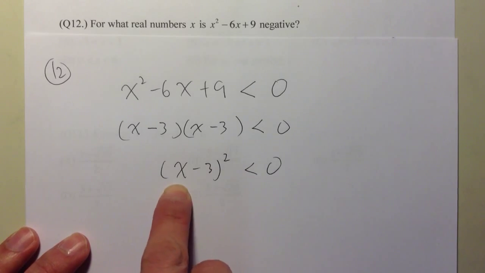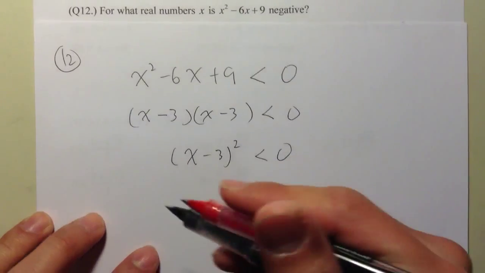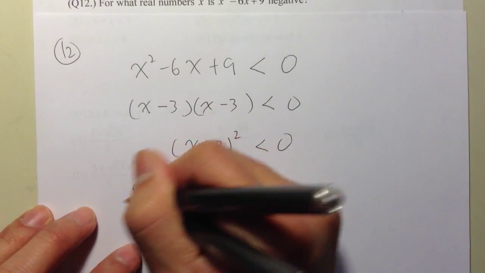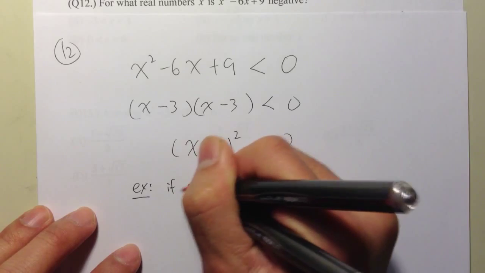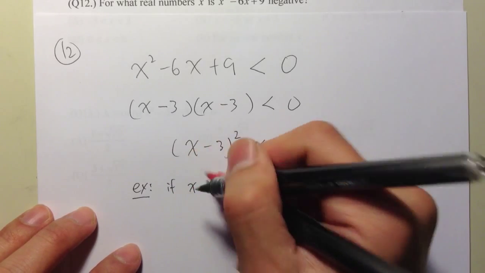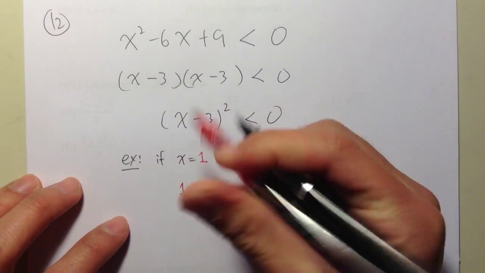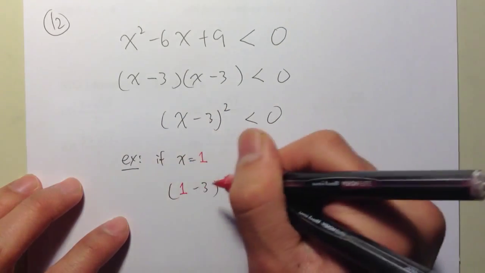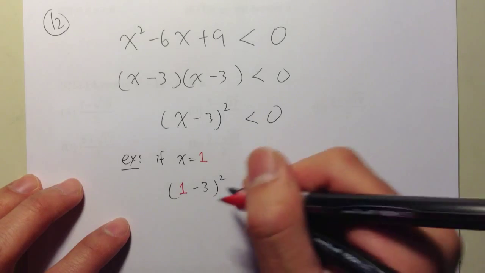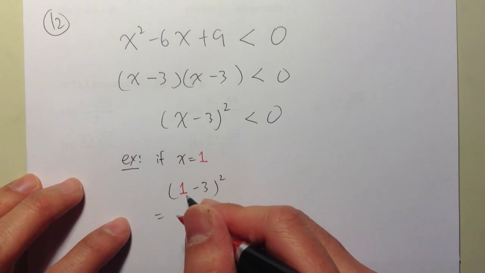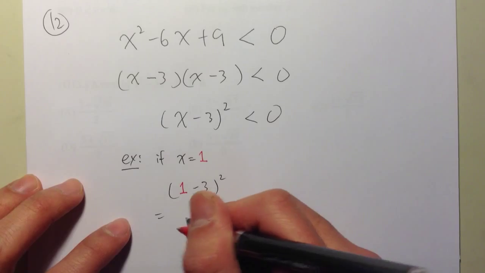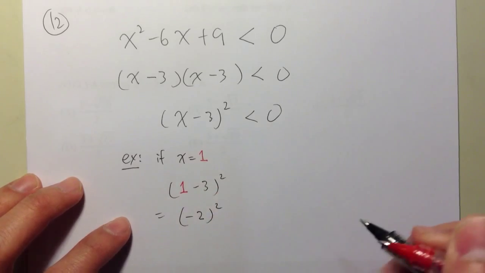For example, I put 1 in for x. This is just my example. If x is equal to 1, I will get 1 minus 3 and then square. What do I get? This will be 1 minus 3, which is negative 2, and then I square that.